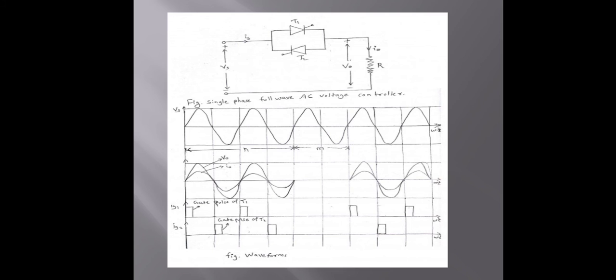Then SCR T1 conducts and the positive half cycle appears across the load. During the negative half cycle of the AC input, at omega t equal to pi, 3 pi, 5 pi, SCR T2 is triggered at alpha equal to 0, and the negative half cycle appears across the load.